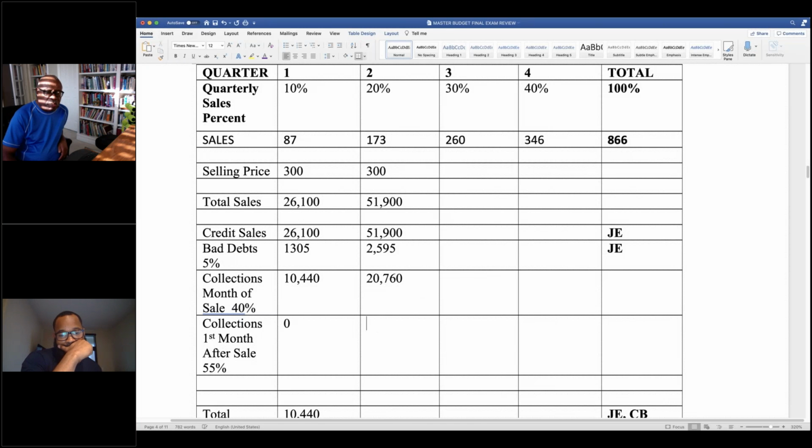So KP wants to know what number is going to go here. Oh yeah, I know how to do that part. So do 55% of that. I had 55% of 20,760.